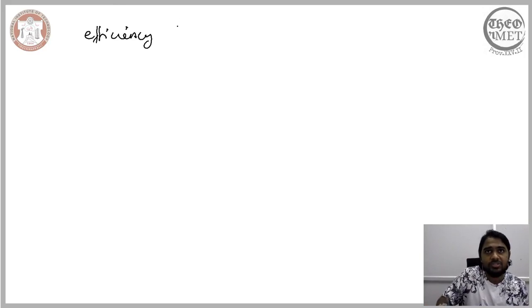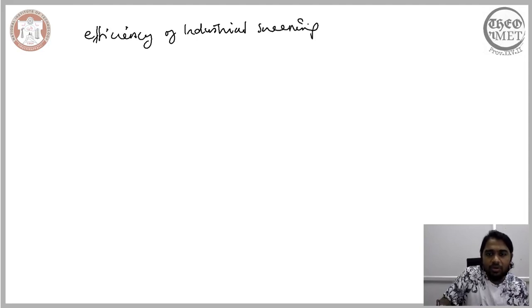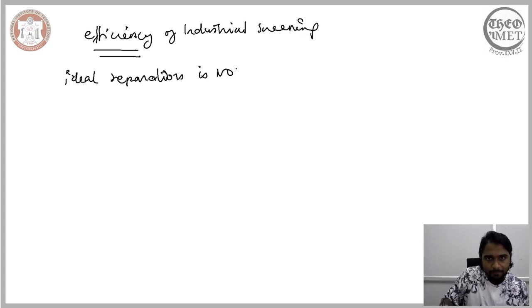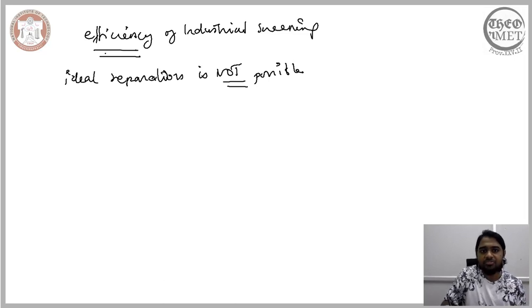So we want to talk about the efficiency of industrial screening. The reason one needs to talk about efficiency is that ideal separation is not physically possible. Had it been possible, there would be no need to talk about the efficiency of a given process.